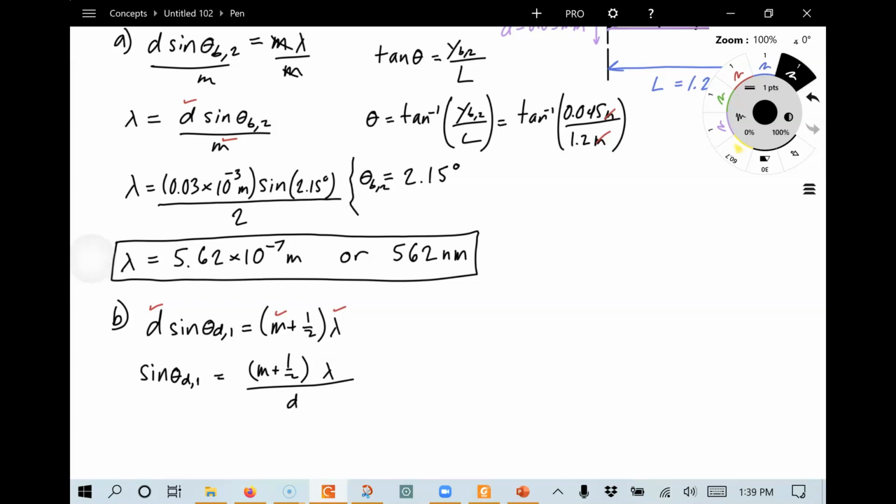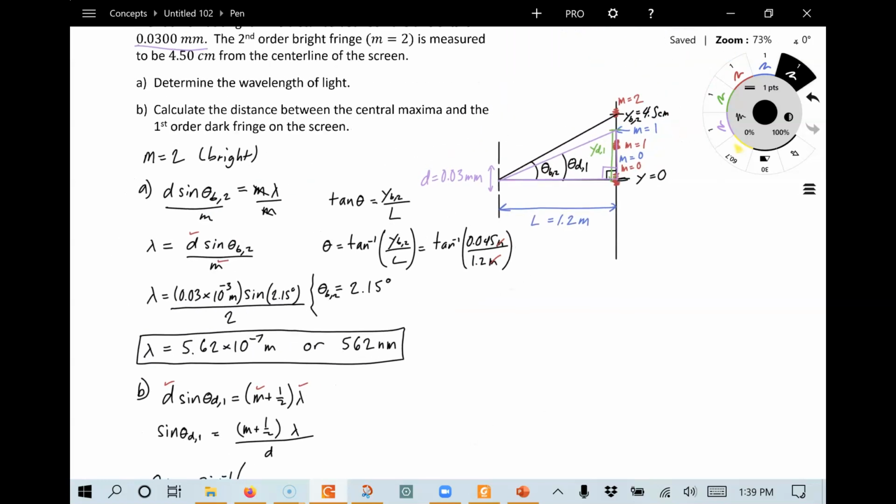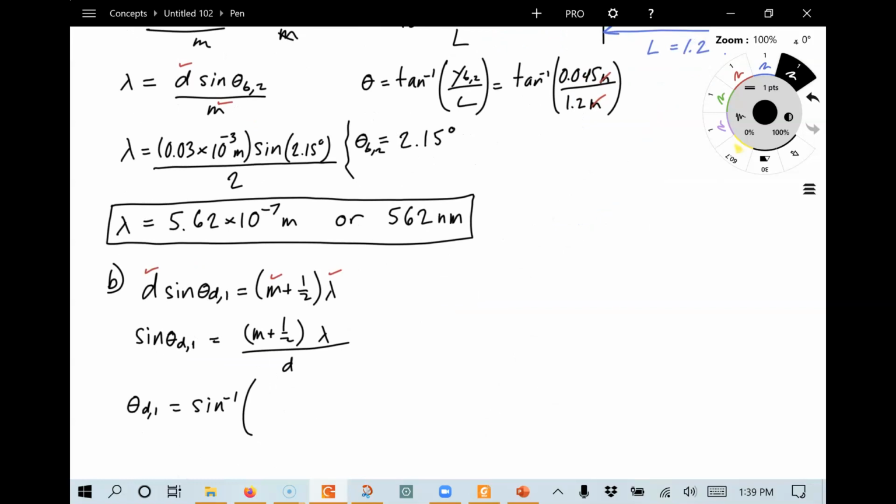And let's plug our numbers in. Well, we can go ahead and do one last thing here. Theta dark 1 is going to be the inverse sine of all this stuff. Now we can plug in some numbers here. So m, we know this is m equals 1, first order. We're going to have a 1 plus 1/2 times the wavelength. It's the same wavelength.